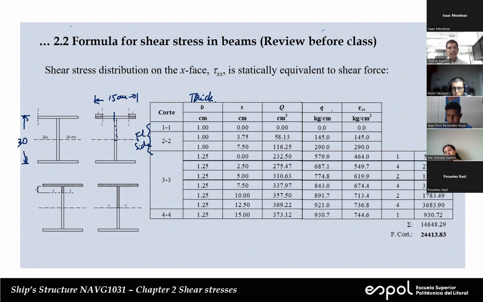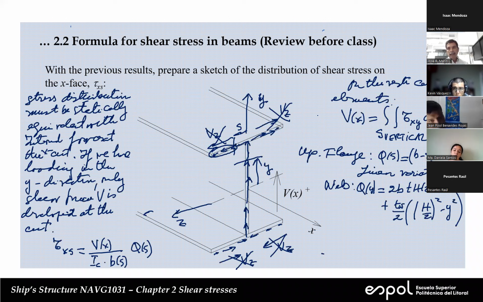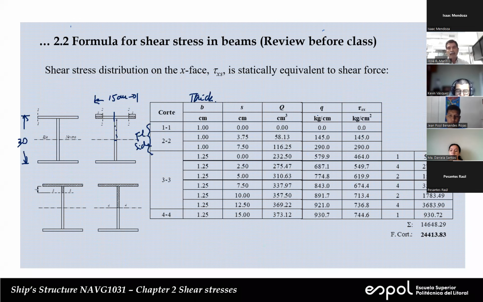Now, with this, we can calculate Q, right? And Q are these formulations here. So for the upper flange, (B minus S) times T times H over 2. And for the web, we have this quadratic variation. But that's the first moment, so we have to evaluate it in two parts.